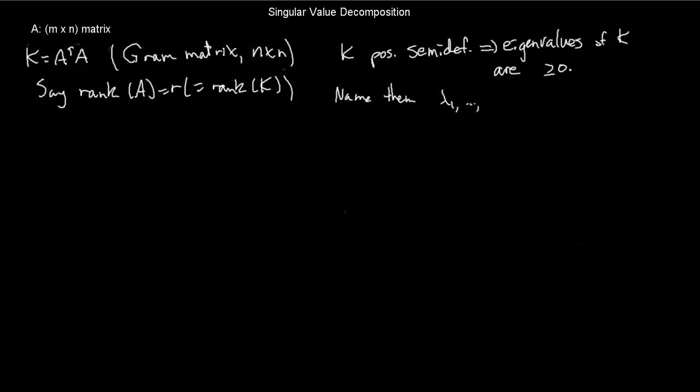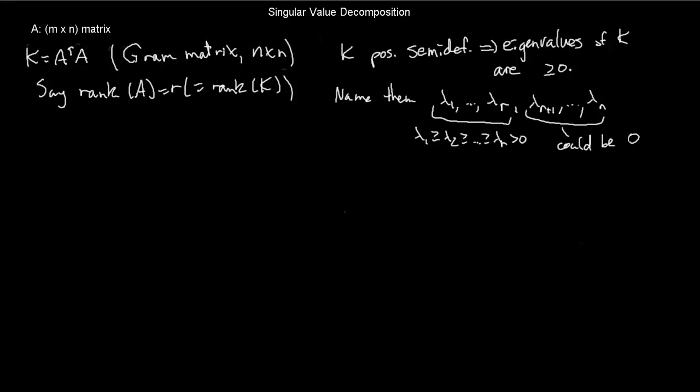If I name those eigenvalues lambda 1 through lambda r, and then there's some more, lambda r plus 1 through lambda n, well, the first r of them are going to be strictly positive, r being the rank of K. Those will be positive, and the remainder, lambda r plus 1 through lambda n, are 0. If r is equal to n, then you're looking at a positive definite Gram matrix, and none of these are 0, but some of them could be.